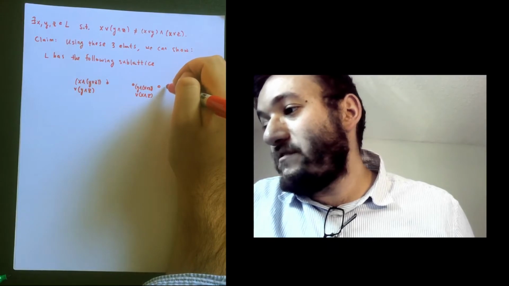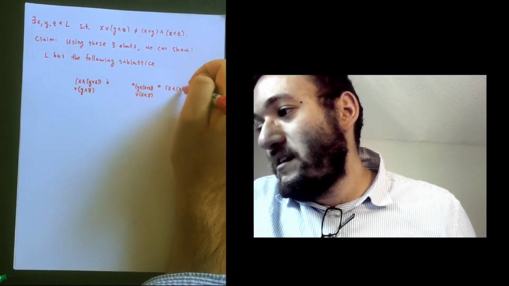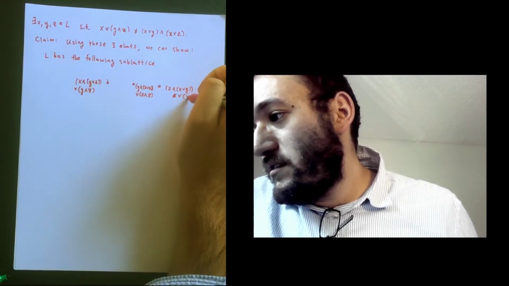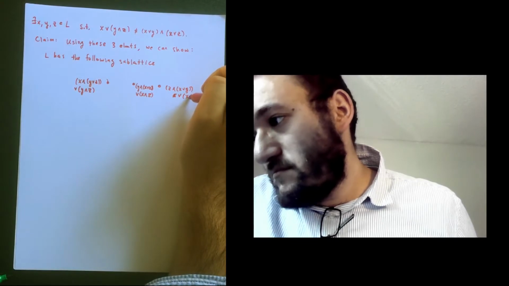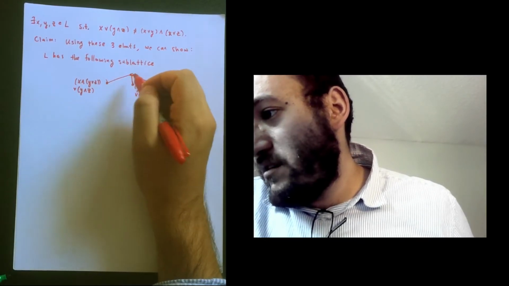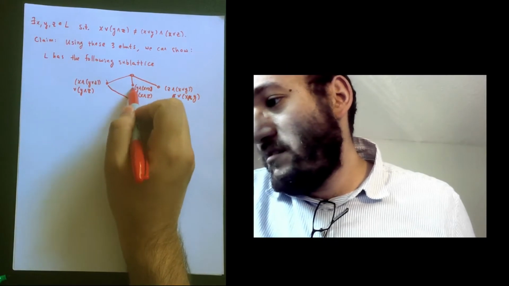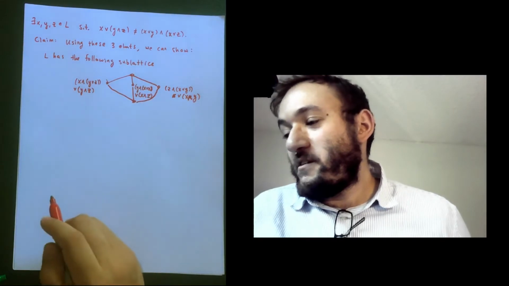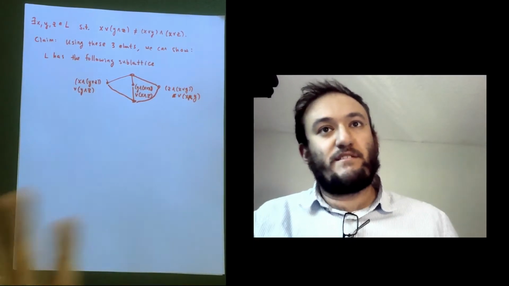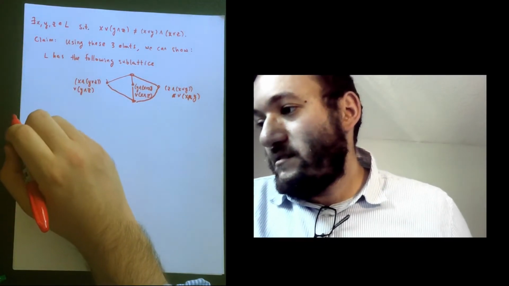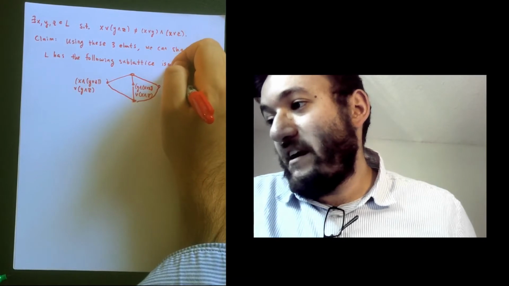And over here we'll have z meet x join y, join x meet y. Apologies for the messiness. And you can show that all three of these have the same pairwise meet and the same pairwise join. So this is the searched for sublattice. Okay, and this is isomorphic to M5.